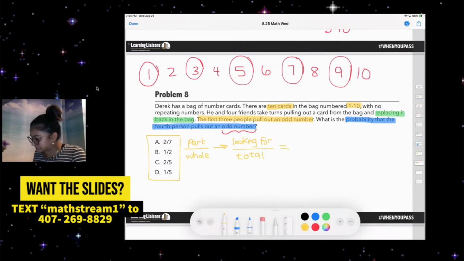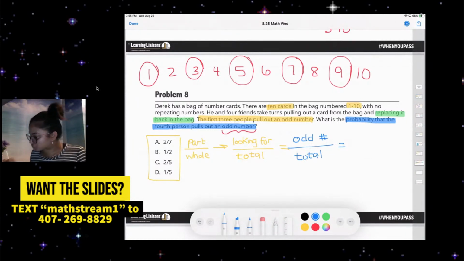The second one is going to help us a little bit more because of the type of problem that we have. So what are we looking for? The person is going to pull an odd number card. So we're looking for an odd number. And we're looking for the total amount of cards.